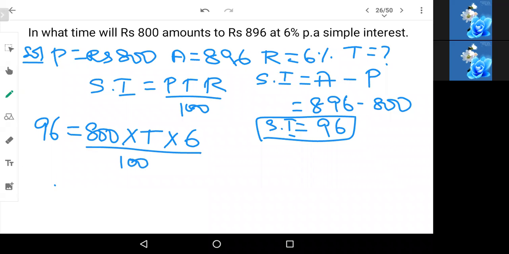Now I am taking this 100 to the other side. So it will become 96 into 100 is equal to 800 into 6 here.